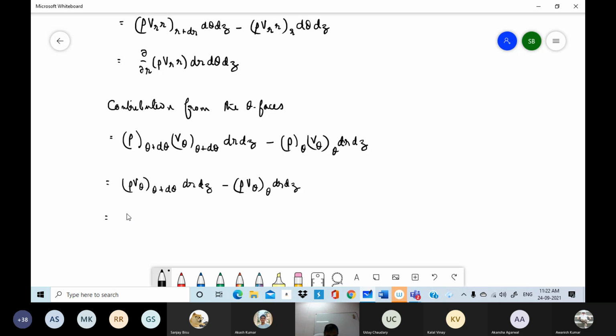If I Taylor expand this, then to leading order I'll get... once again that factor r has not come in here.